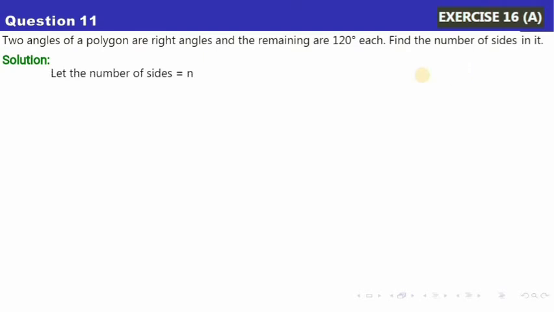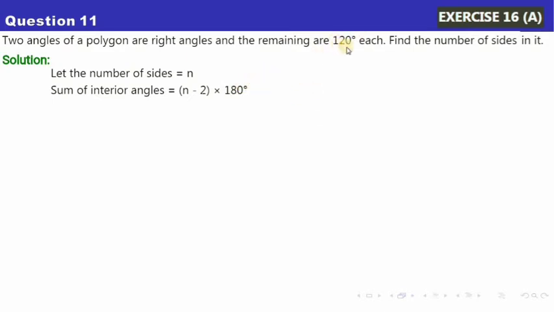Let me consider the number of sides to be n. If n is the number of sides, then the sum of interior angles is (n minus 2) into 180 degrees. You cannot put the value of n because you don't know what n is. This is the total of the interior angles, and remember there are two kinds of angle.